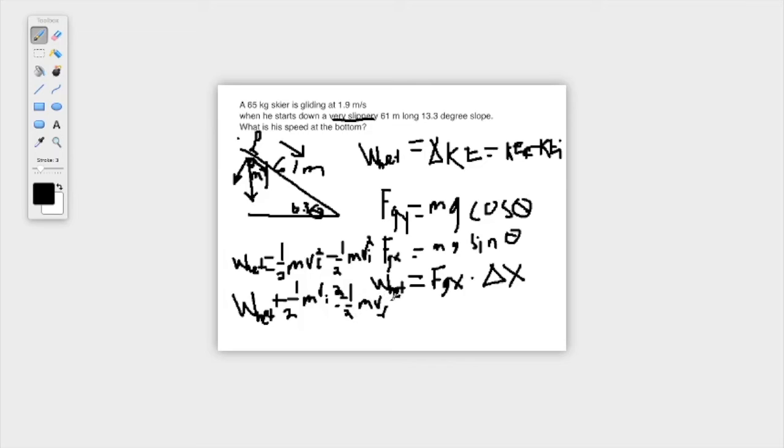m vf squared. We can multiply by 2 on both sides, so 2 W net plus m vi squared equals m vf squared. I'm going to rewrite that a little bigger.